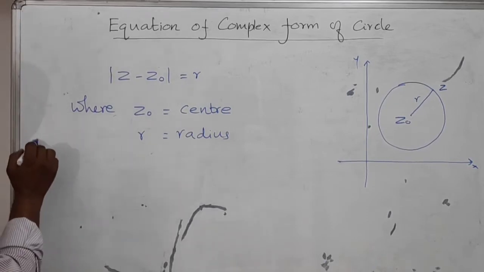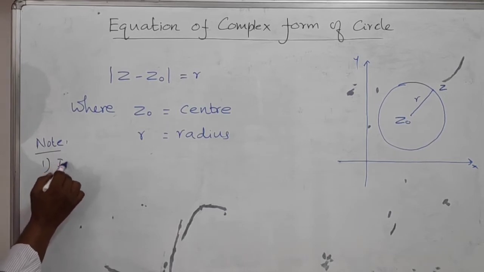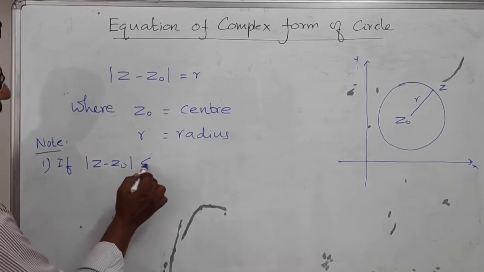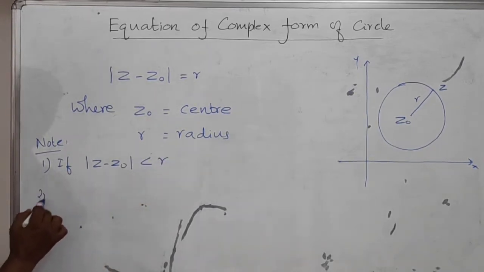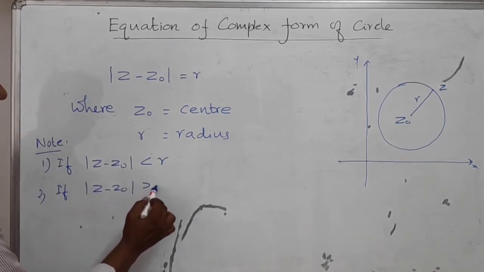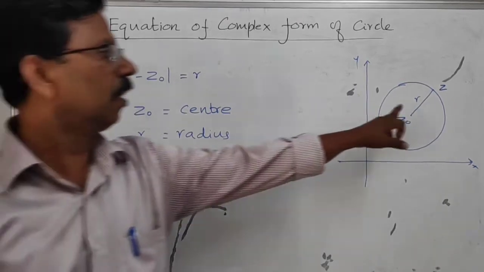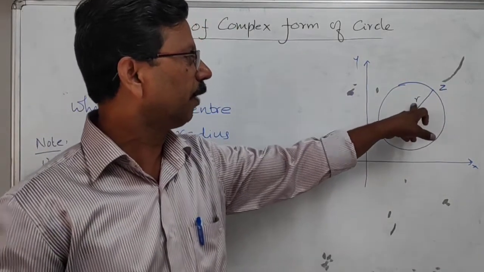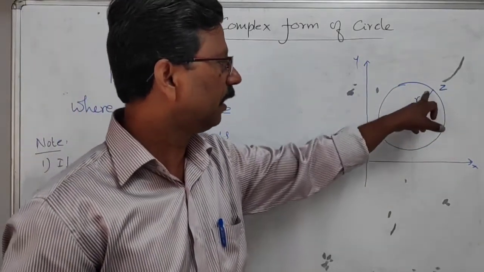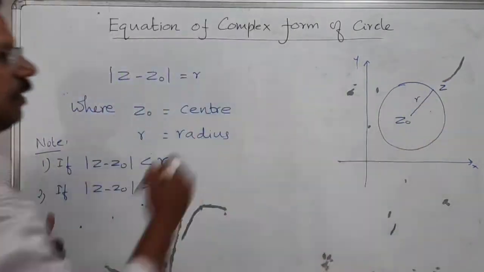Now, after that, just we make a note. First one, if modulus z minus z0 is less than r. Similarly, second one, if modulus z minus z0 is greater than r. See, the distance between the two complex numbers z and z0 equal to r means this represents a circle. Suppose this distance z minus z0 is less than this radius, it means definitely this point will lie inside the circle.